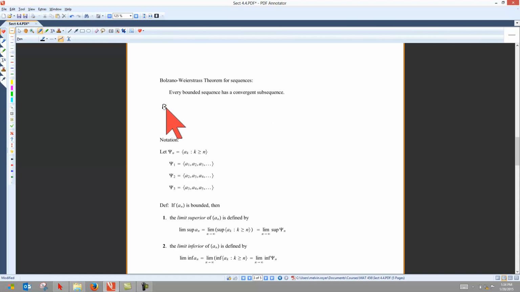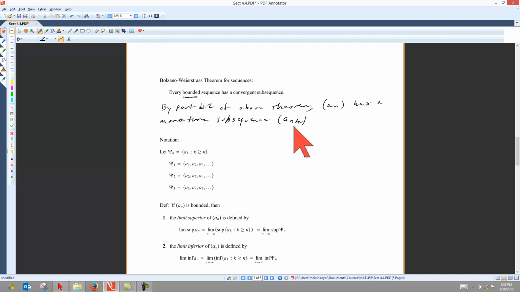So by part 2 of the above theorem, a sub n has a monotone subsequence, a sub n_k. Here's a key word, bounded. So I already know that this subsequence is monotone.